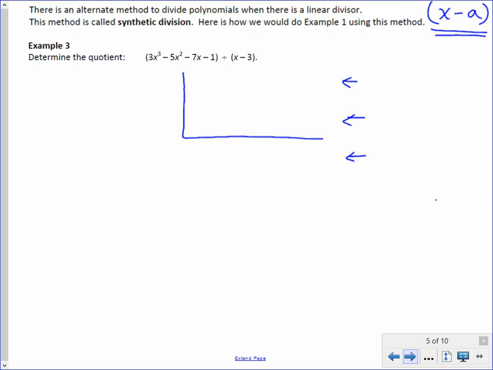Coefficients only. X doesn't even come in. 3, -5, -7, -1. I have listed the coefficients of the dividend.